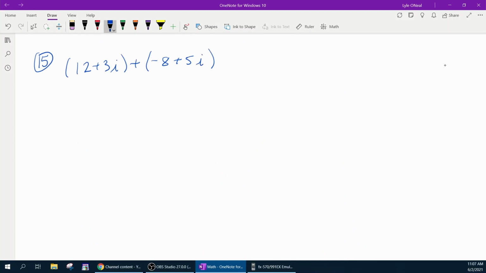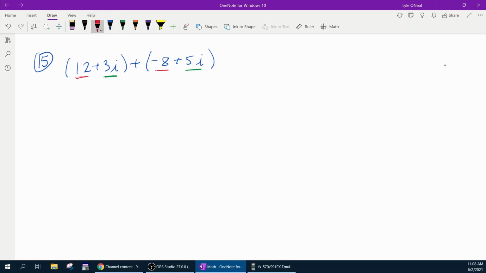So our next example, number 15, here we have two complex numbers that are being added. Notice we have our a plus bi, a plus bi. These are both in standard form. And this is probably one of the easiest things you'll ever do in math, because all you have to do is add the real parts together and then add the imaginary parts together.